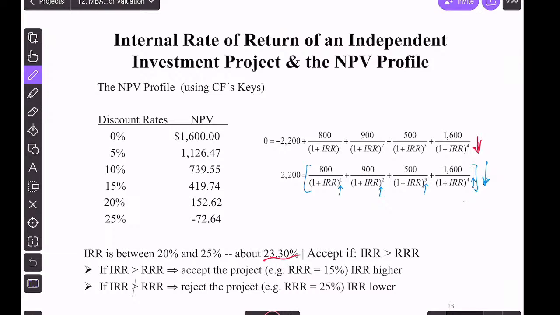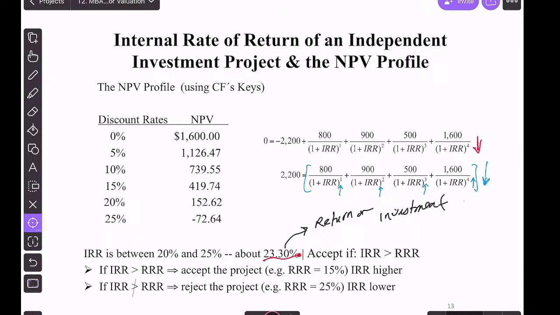So for instance, our IRR was 23.3. So the return on investment is 23.3.